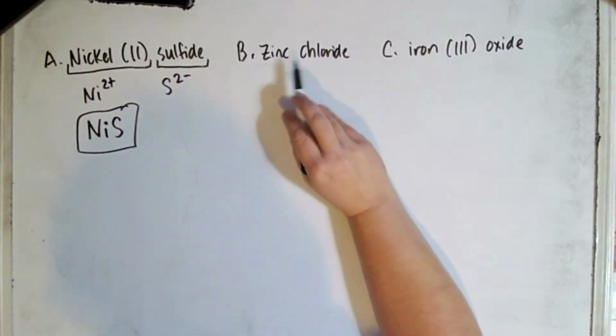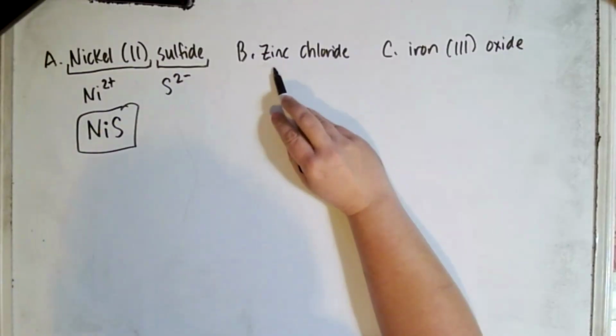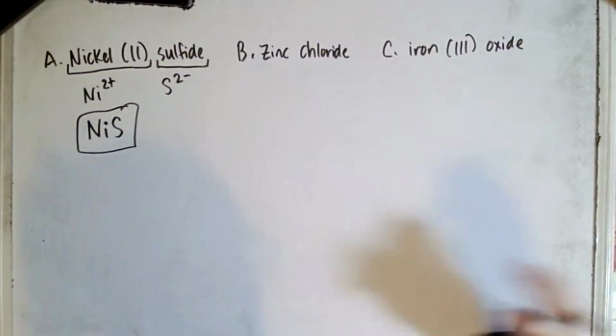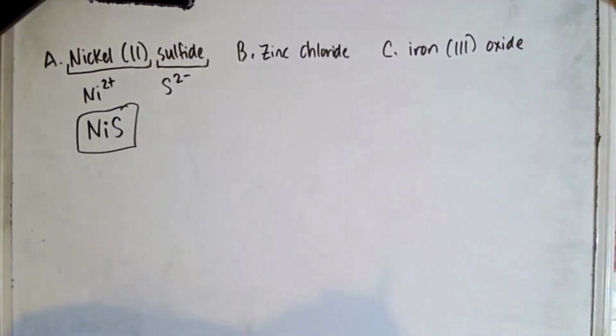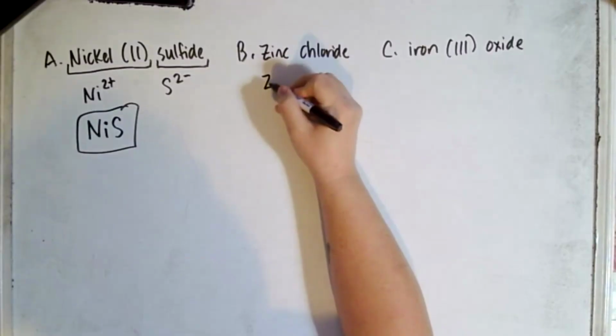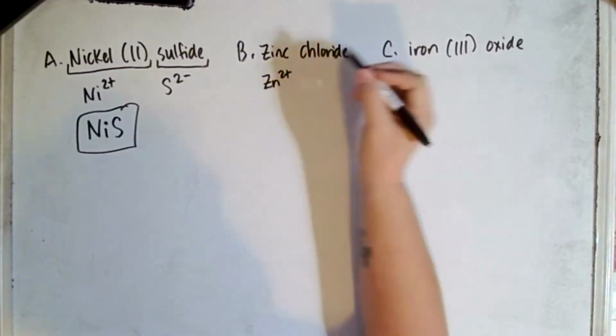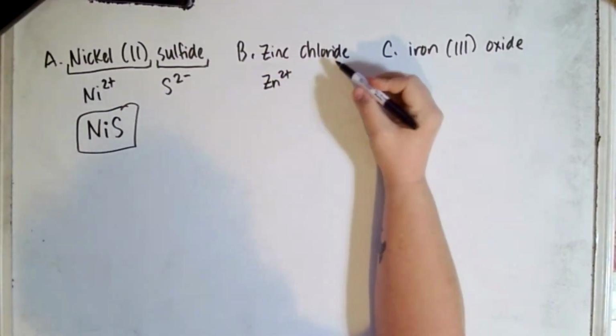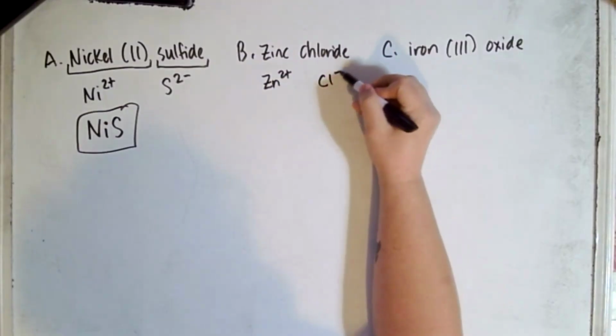Here for zinc chloride, I need to recognize that zinc, even though it is in my transition metal box, is going to be one of the metals whose charge is always +2. It's combining with chloride ions, which have a charge of -1.